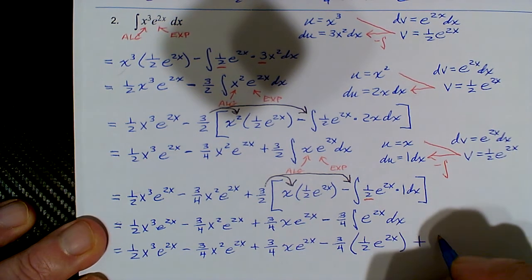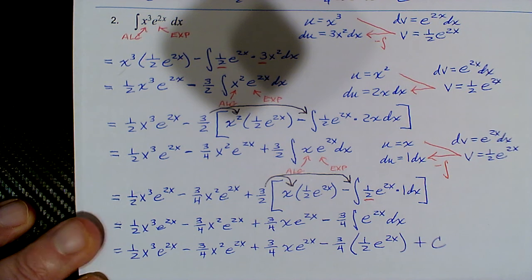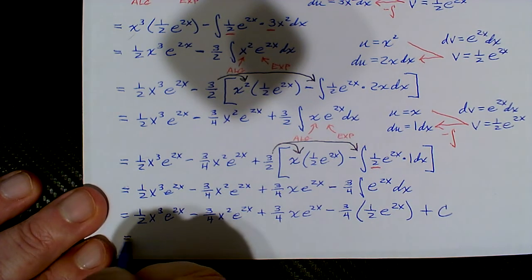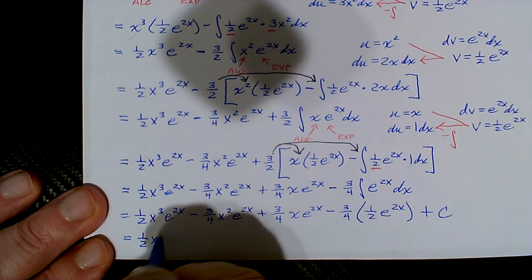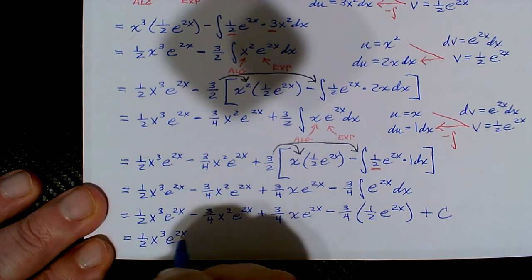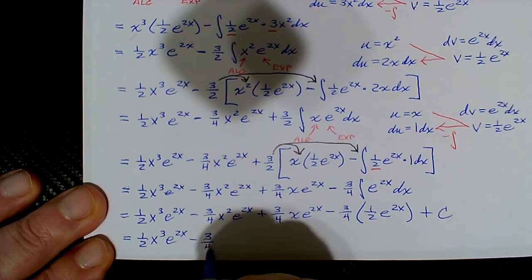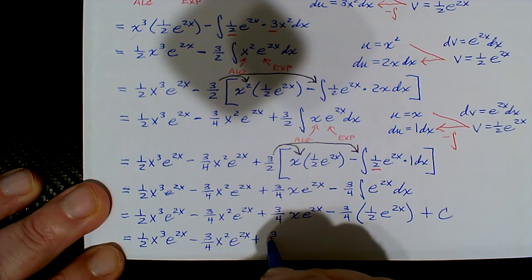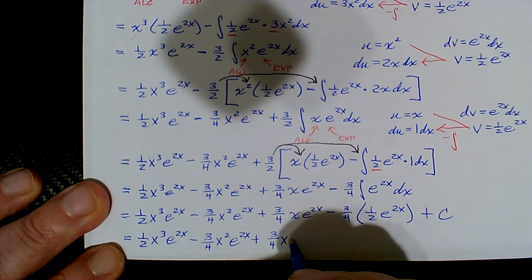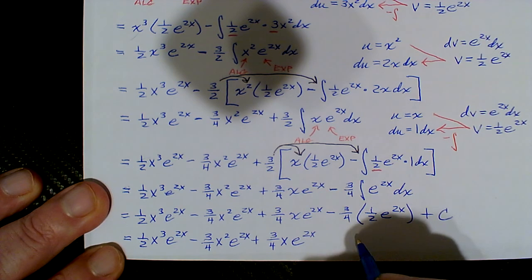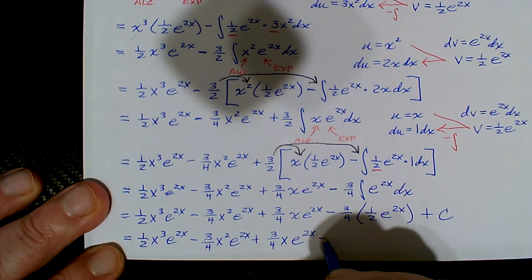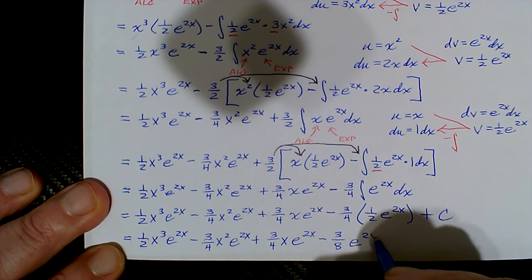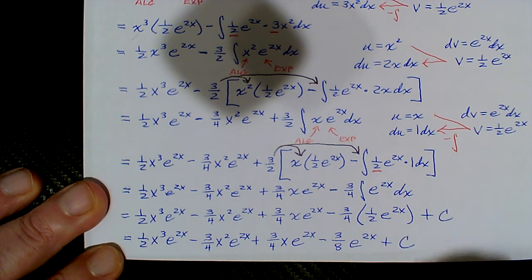And now finally we could add our constant of integration. And so our final answer, 1/2, recopy everything here. And the minus 3/2 times 1/2 is minus 3/8 e to the 2x, and then plus our constant.